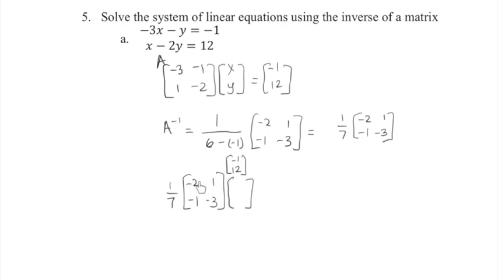So this entry combines the top row with column 1, so that's positive 2 added to 12, which is 14. And then here we have positive 1 added to negative 36, so that's negative 35. So then I take the 1/7 and multiply it to that matrix.